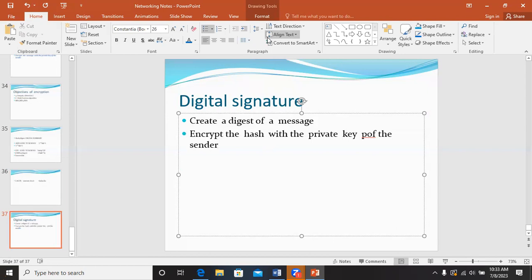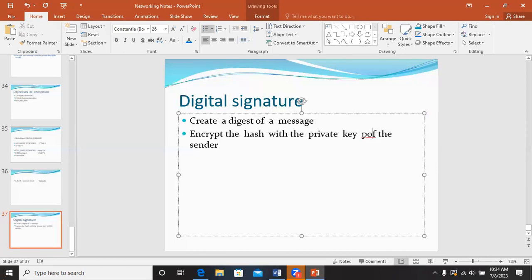So you create a digest of a message. You know how to create the digest of the message. That means you're going to use a cryptographic hash function algorithm, SHA-1, SHA-2, SHA-512, MD5. Well, there are many of them in the market. So create the hash or digest of the message, and encrypt that hash with the private key of the sender.